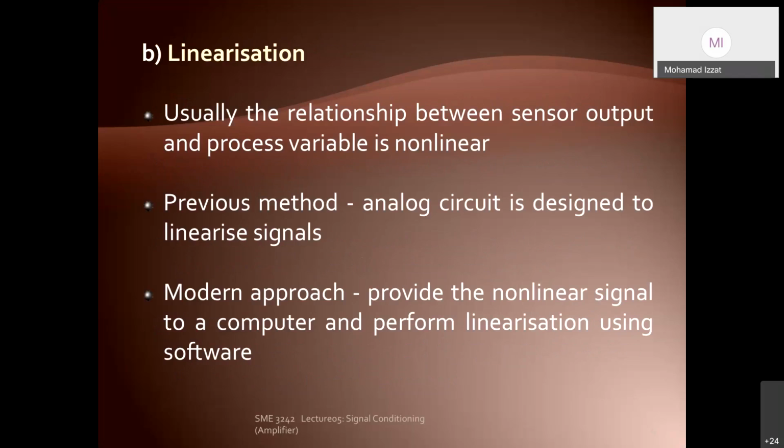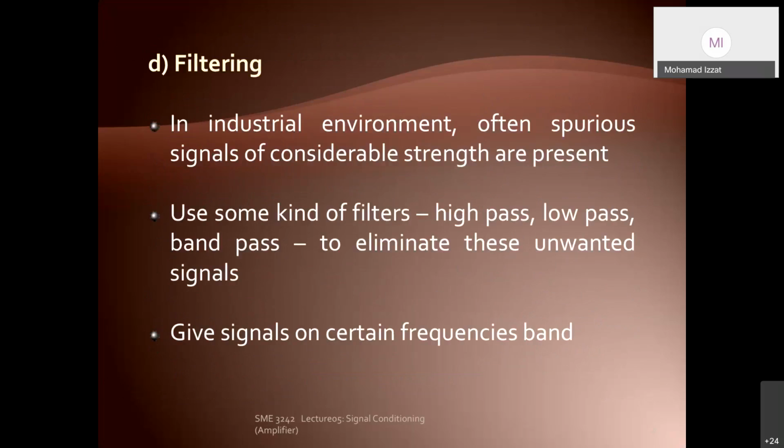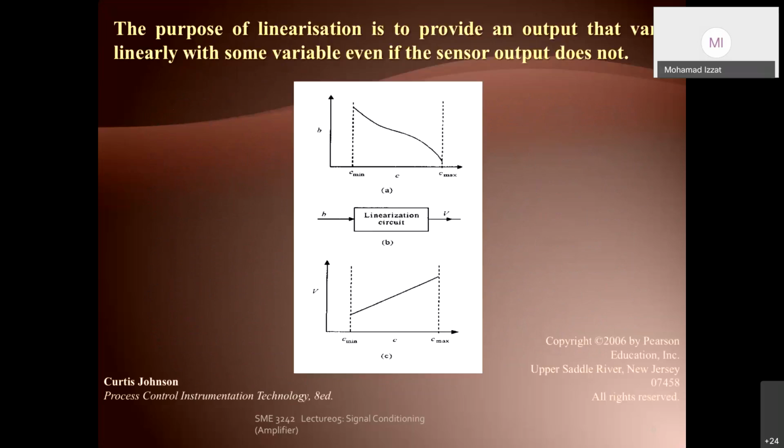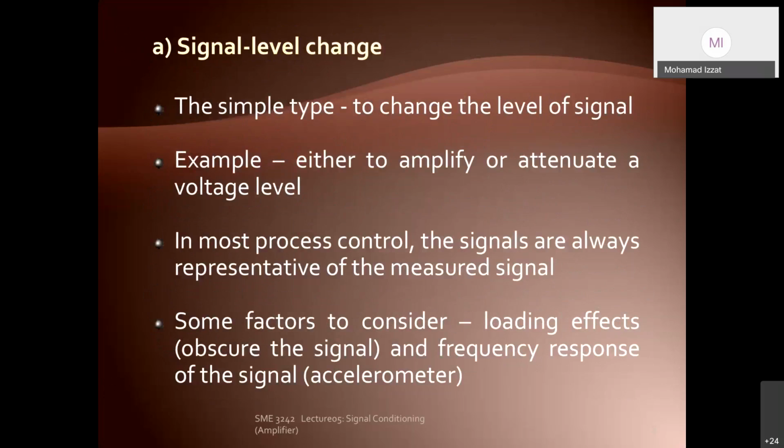Lagi we have linearization, and then you have conversion, then you have filtering. Okay, so ada 4 fungsi asas sebarang signal conditioning system. Okay, so blok nombor 2, signal conditioner, dia buat 4 kerja ni, 4 tugas ni, tugas-tugas utama lah. Alright, so the first one is signal level change.